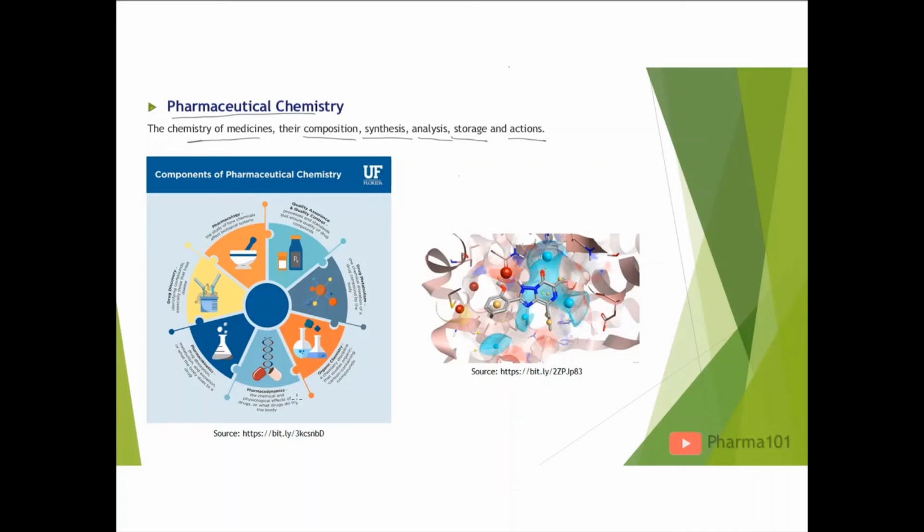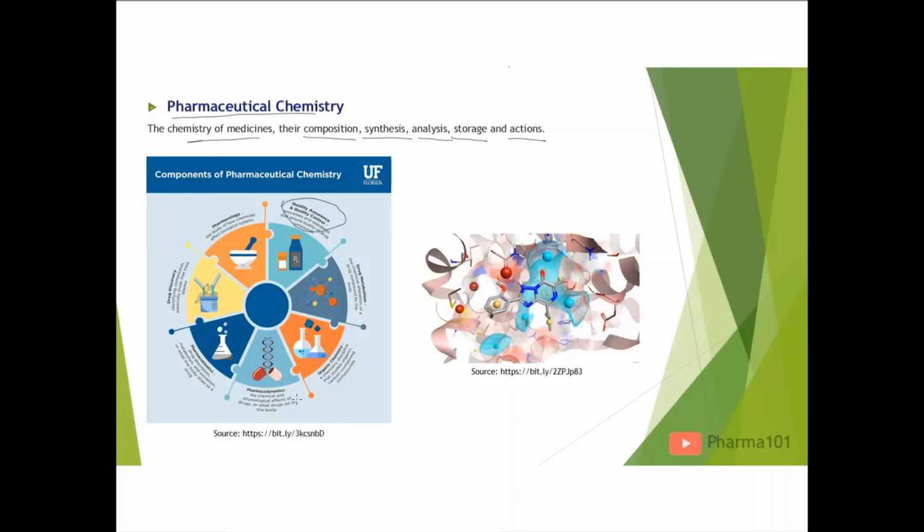So pharmaceutical chemistry is basically related with the drug discovery process. We isolate the drug from its natural resources, we study its properties, we perform different tests to determine its physical and chemical properties. We study how the drug is processed in the body, how it will be absorbed, distributed, and metabolized, what will be its effects in the body, and we are also taking care of quality assurance and quality control.